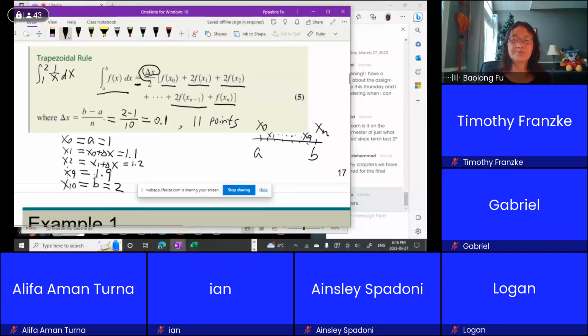Now plug in this formula here. So we have delta x, it is 0.1 over 2, times f(x0). We know x0 is 1, so it is just f(1).